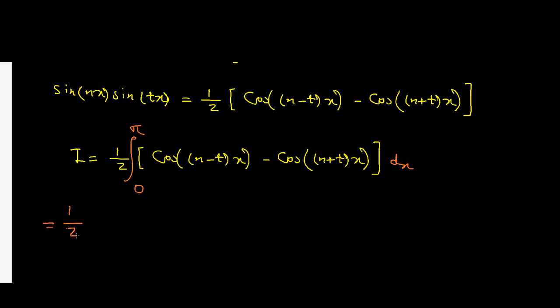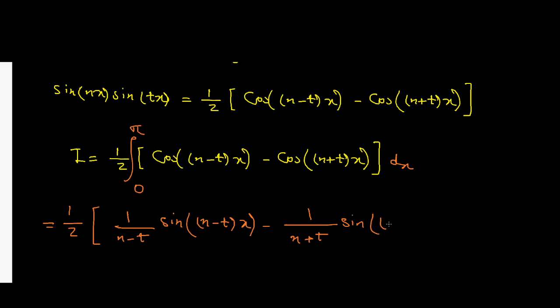So we get 1 over 2 times 1 over n minus t sine of n minus t times x minus 1 over n plus t sine of n plus t times x evaluated from 0 to pi. Yeah, that's much better.